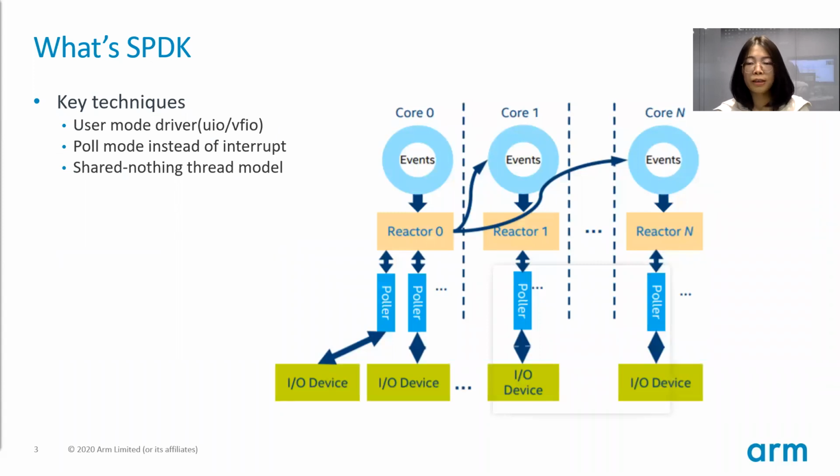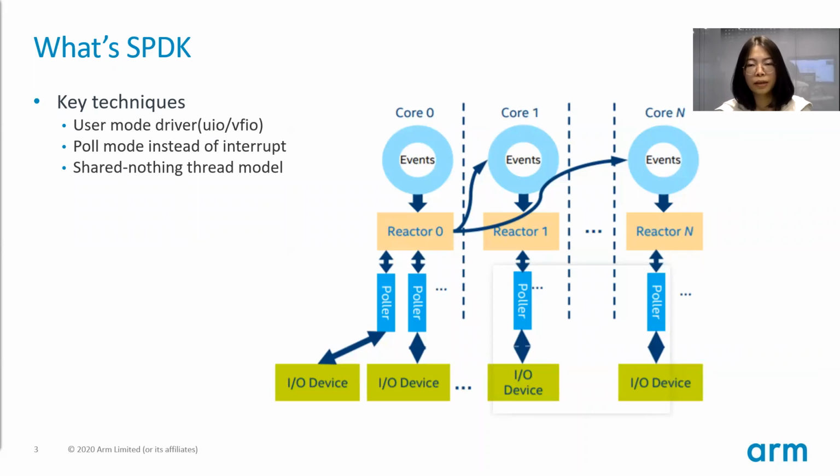We know that traditional kernel storage stacks always bring overhead due to context switch, data copy, interrupt, and resource synchronization. SPDK can minimize the impact on CPU and memory bus cycles during I/O processing in many ways.